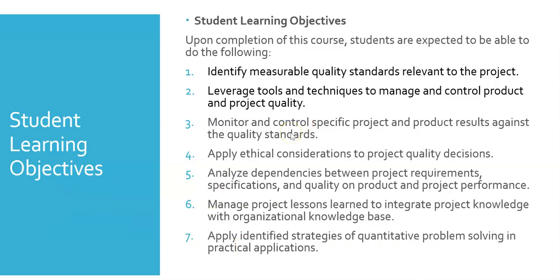In terms of student learning objectives, I'm not going to read through these, but it's a lot about quality management from a project perspective, and it's figuring out what it is that the customer needs, how to identify that in specific measurable ways, and how to make sure that the project delivers on those particular requirements.